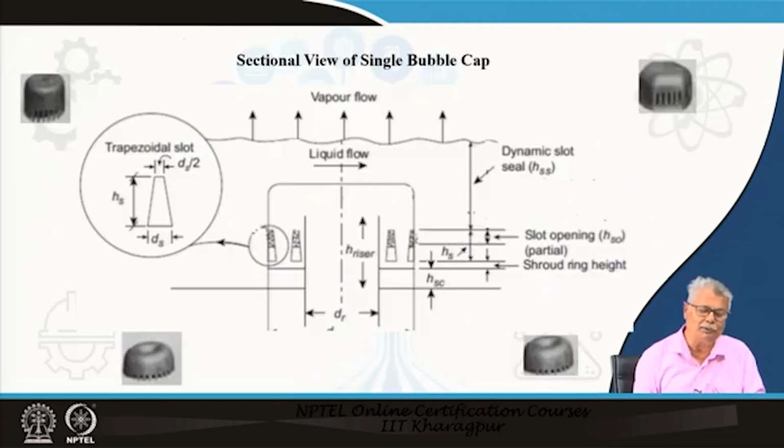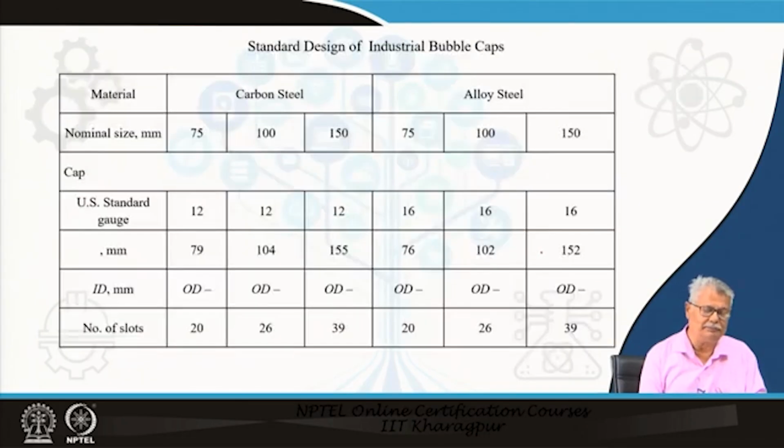Now, we look at the view of a double bubble cap, and it is the same thing which we have here. In our design, we are supposed to find out the slot opening. That means, when it operates, by how much will the liquid level here in the slot get depressed. We definitely will have to check this, and we move on with this.